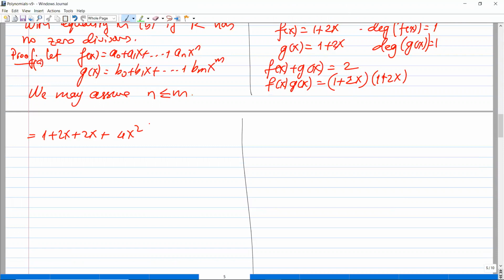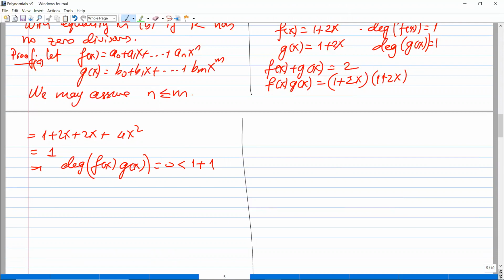But in Z4, 4 is equal to 0. So the result is 1. So the degree of f(x) times g(x) in this case is 0, although the degree of f is 1 and the degree of g is 1. So it is less than the degree of f plus the degree of g.